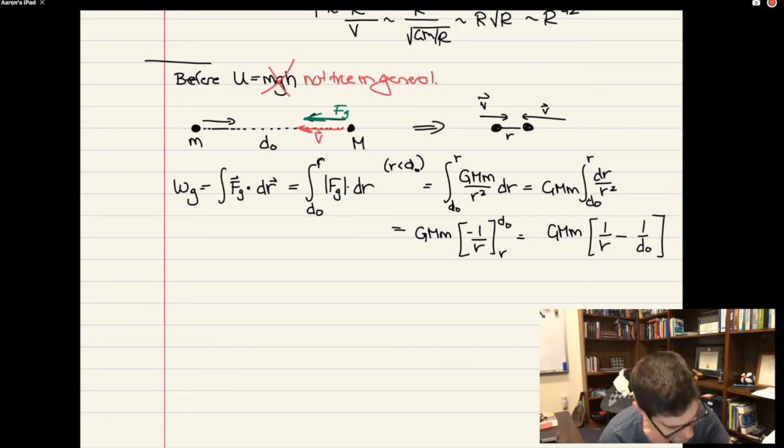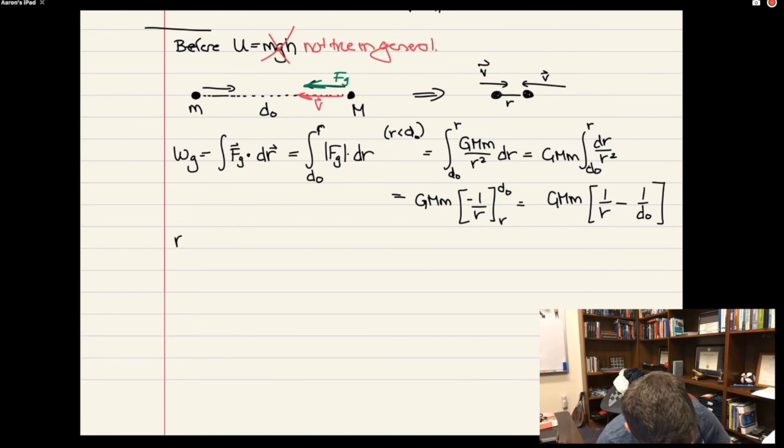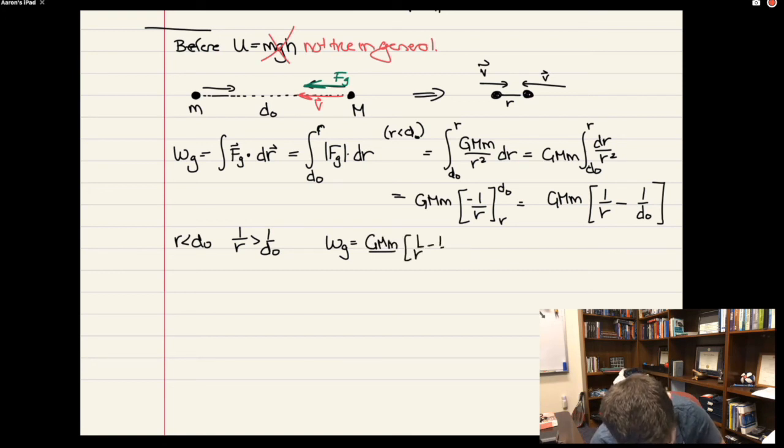Now if I look at this, and I say, well, r is less than d naught, which means that 1 over r is greater than 1 over d naught. The work done by gravity in this case, GMm times (1 over r minus 1 over d naught), is positive as a result, because that first term is bigger than the second term.